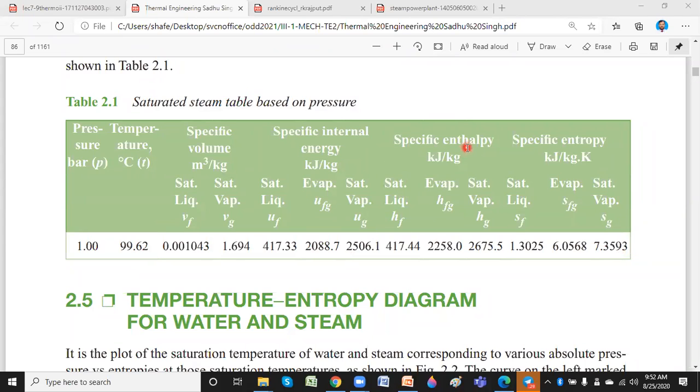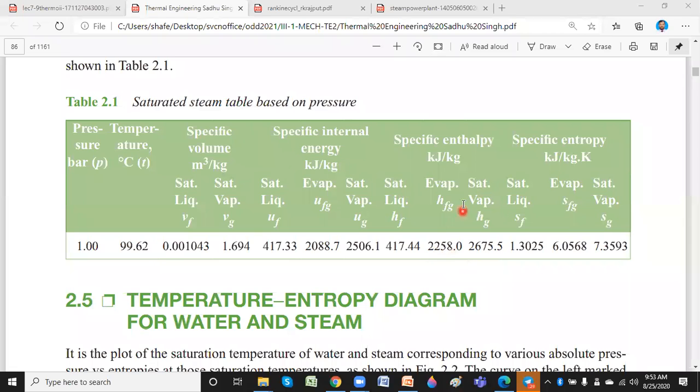Now, if you take enthalpy, when it is at 1 bar and 100 degrees centigrade, the heat content is 417 kilojoules per kg. Now you have to supply this much latent heat, that is 2258, then only it will convert into vapor.